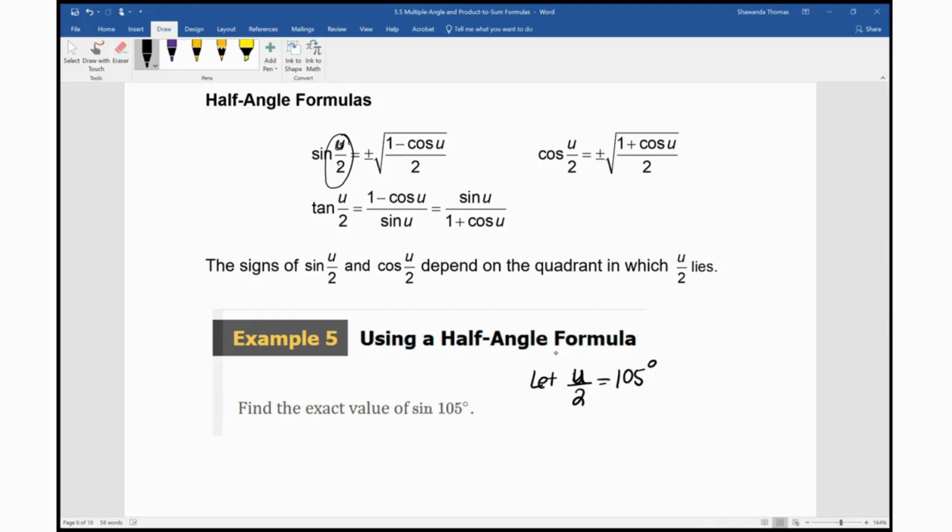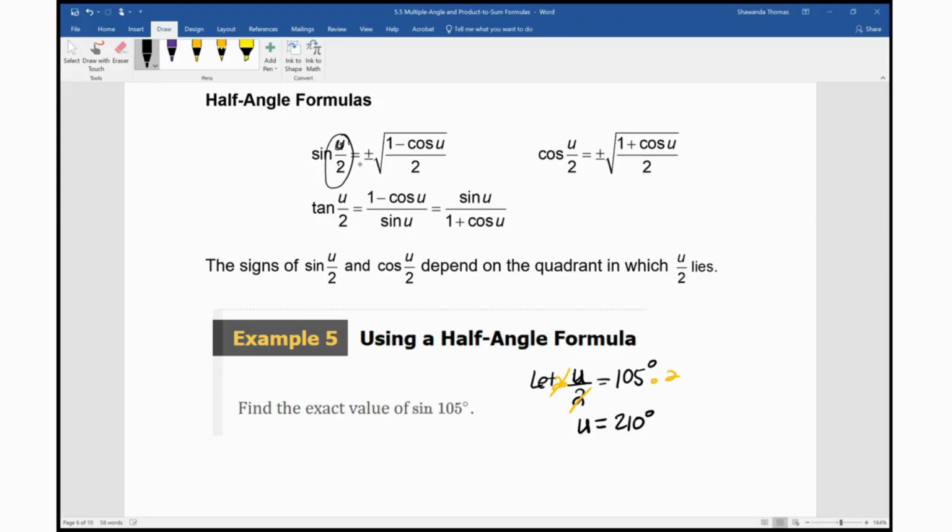So how do you solve for u here? Multiply 2 on both sides. All right, so we multiply by 2. It tells us what our u is. 105 times 2 is 210 degrees.